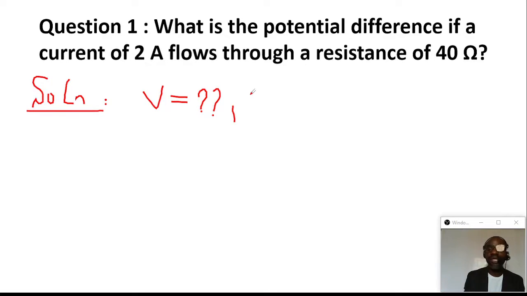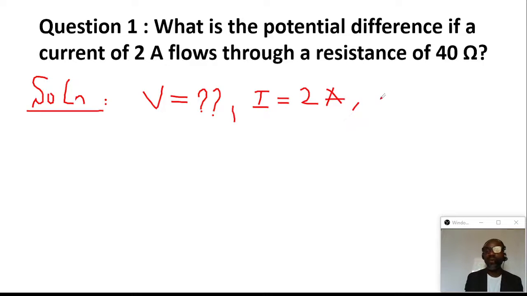So what is the potential difference if a current, the letter for current is I, a decorated I, is given as the letter used for current. I, current, is 2 amperes, that is 2 amps. Okay, good. We take that.